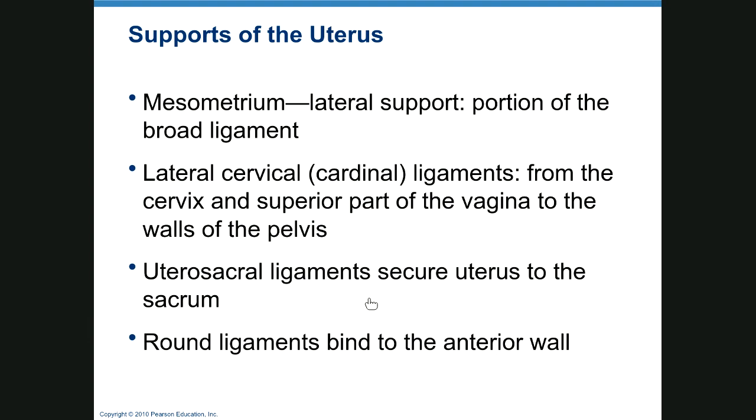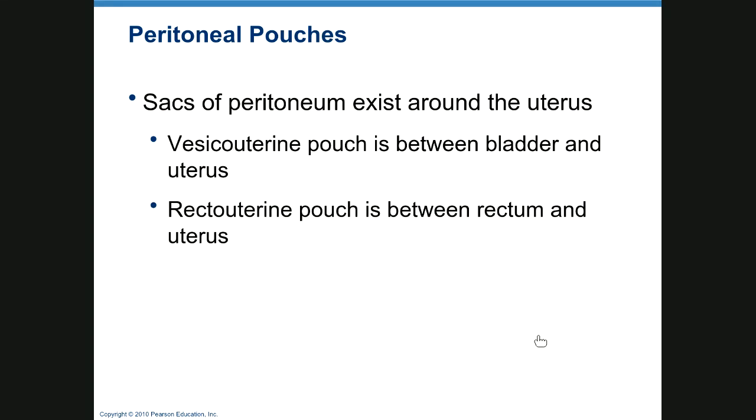It's because all these ligaments have given out. Maybe because they had 15 babies. Okay, and there are little pouches of peritoneum around the uterus. Vesicouterine pouches between the bladder and the uterus. Rectouterine pouches between the rectum and the uterus.